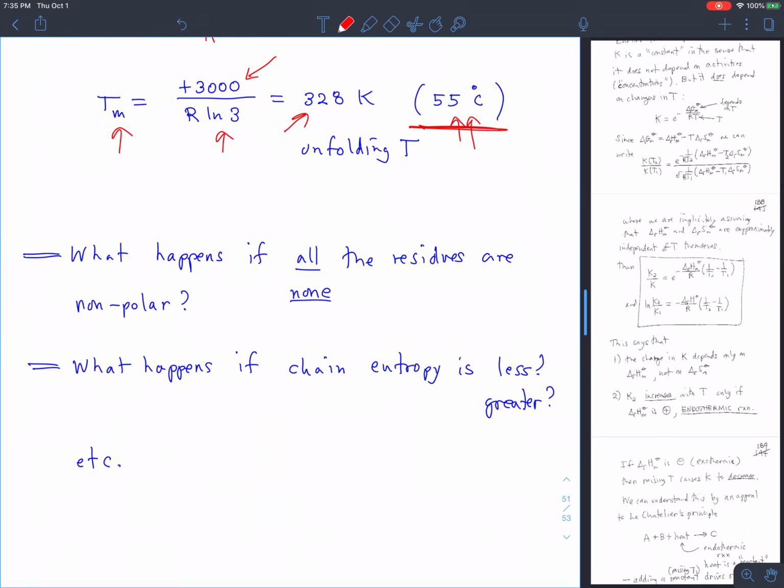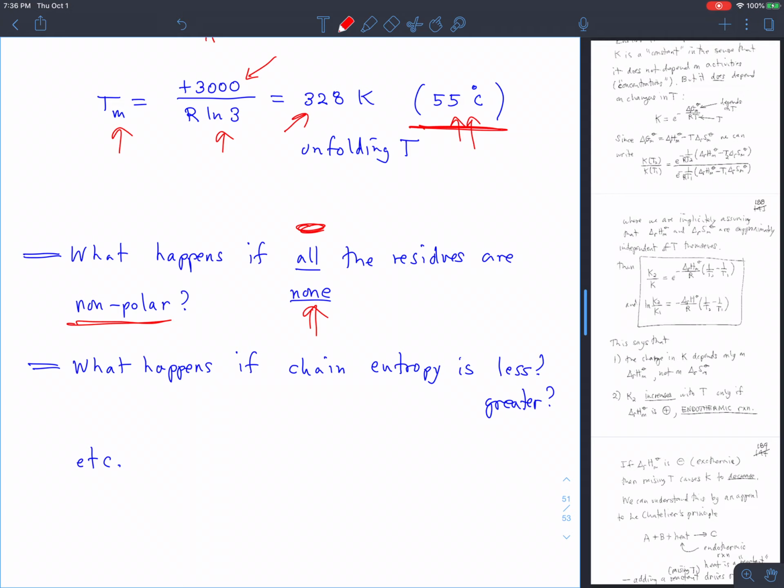We could go on to ask some more questions. We could say, what happens if all of the residues were nonpolar? We chose half the residues to be nonpolar. What if they all were? What would the protein behave like in that case? Or what if none of them were nonpolar? What if they were all polar? What would happen in that case? Well, you can kind of imagine qualitatively, but the model helps you see at what point.